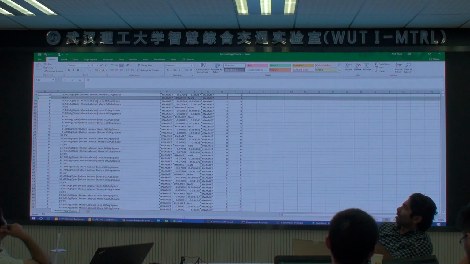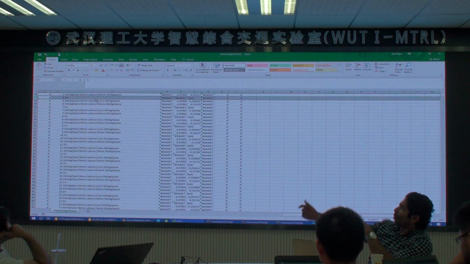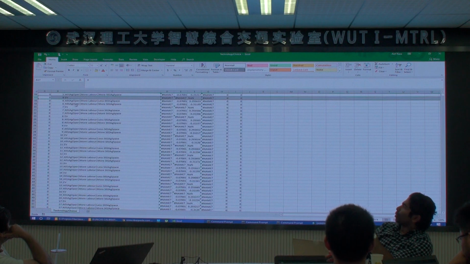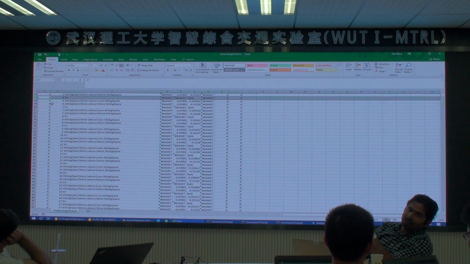This EV we do not use for calculation. This is actually given to the model. You have to use labor and space to define these technology options. Yes.